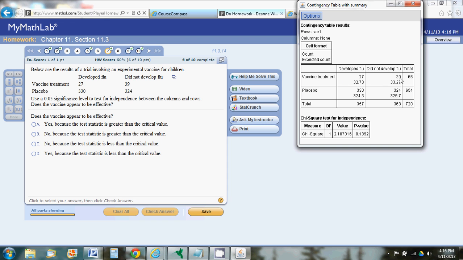Again, it just puts the expected counts. If the null hypothesis were correct, these are the expected counts that we'd see. Down here, it tells us the test statistic and its p-value.